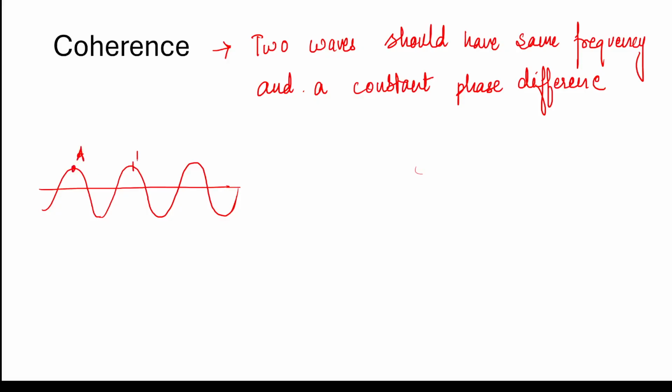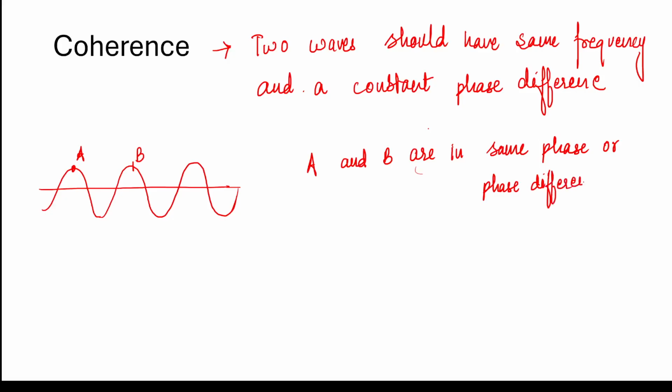So A and B: two particles on a wave which have the same position and same velocity. They are both at the maximum height and the velocity at that point is 0. So A and B are said to be in the same phase, or a phase difference of 2 pi.